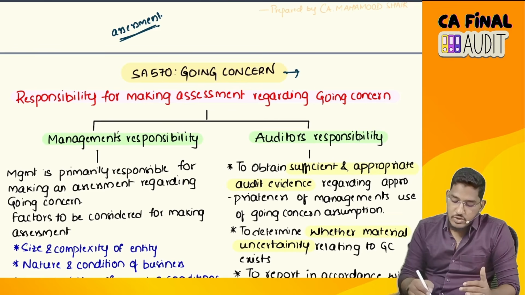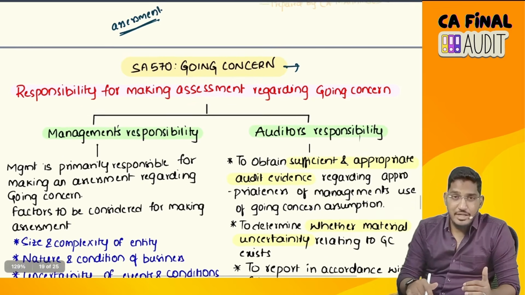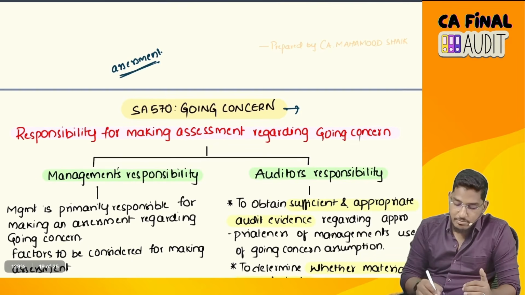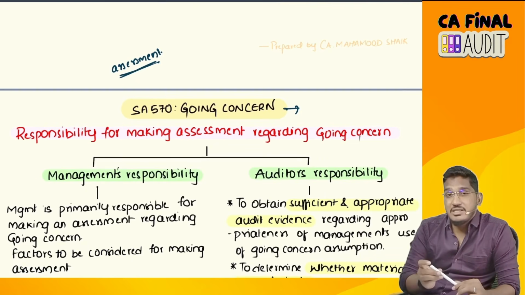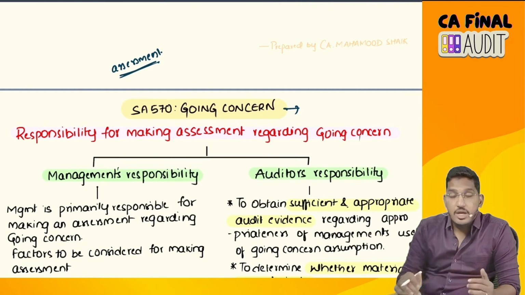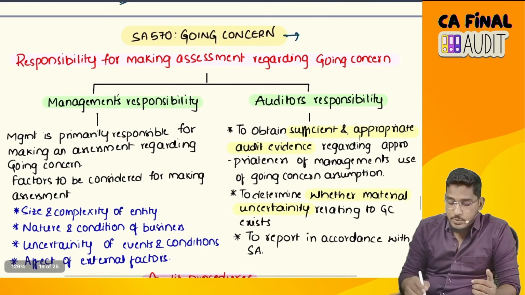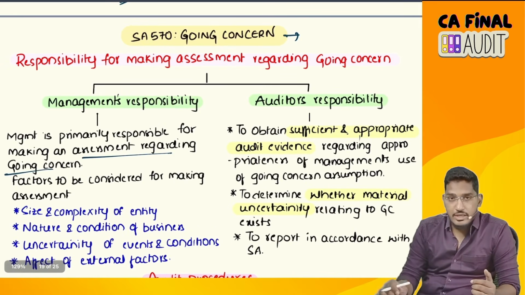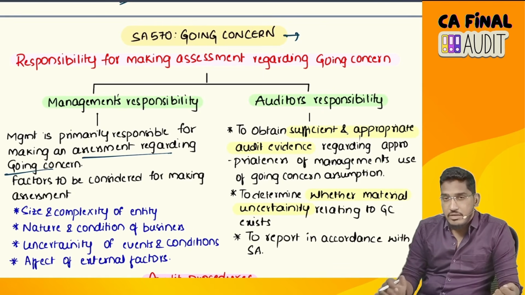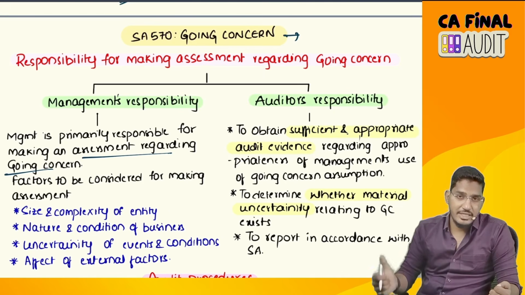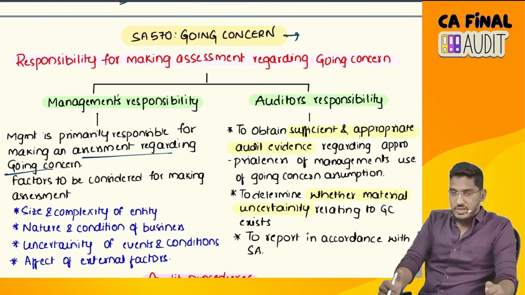So the primary responsibility for making the assessment regarding going concern is with the management. It is management who is responsible for making the assessment regarding going concern, not the auditor. And how will they do that assessment? Will they toss a coin and say heads comes going concern valid, tails comes going concern invalid?